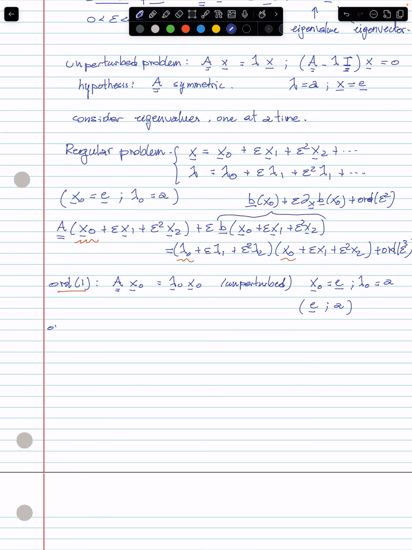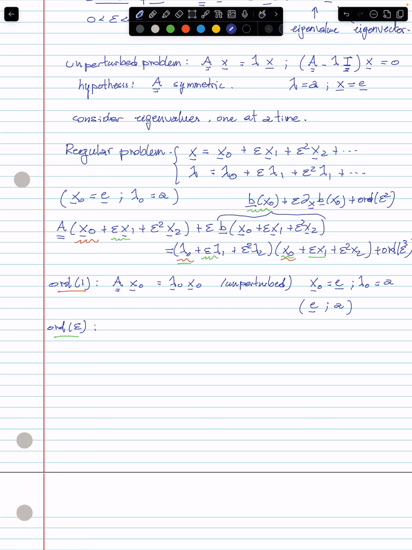At the next order, which is order epsilon, what do we have? We have this term, epsilon x1, over here. We have the leading term over here, b of x0 multiplied by epsilon. And on the right, there will be crossed terms like those. So let's write this out.